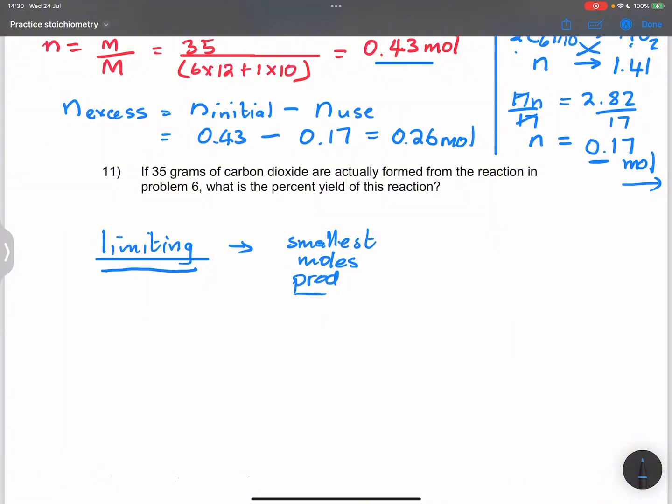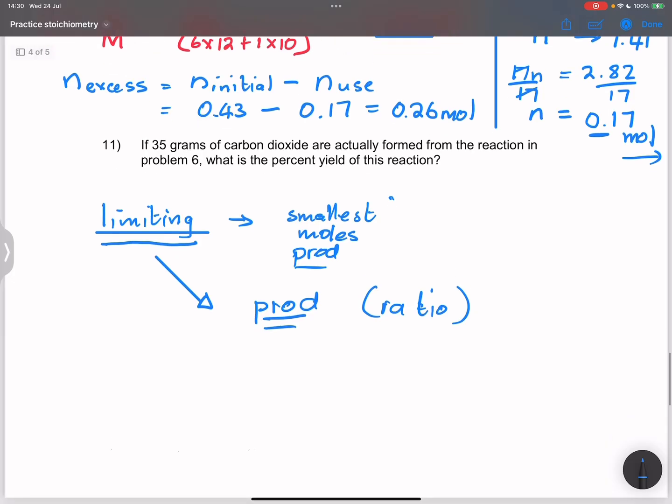And when we found the limiting reagent, it then determines the number of moles of the products that we got, by using our ratios. So once you've determined the limiting reagent, you use it to determine the moles of the product, but it also helped us to determine the number of moles of the reactants that were used.